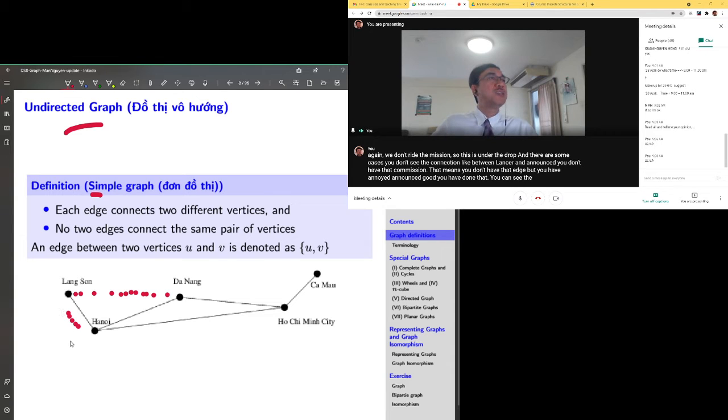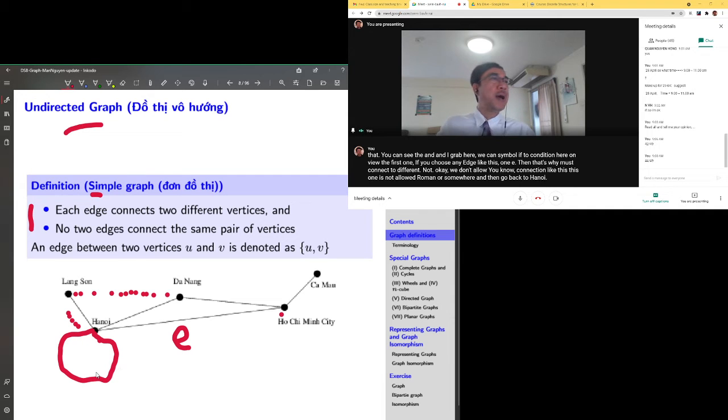Then the entire graph here we call a simple graph if two conditions are fulfilled. The first one: if you choose any edge like this one, E, then that edge must connect two different nodes. We don't allow a connection like this: from Hanoi, go somewhere and then go back to Hanoi.